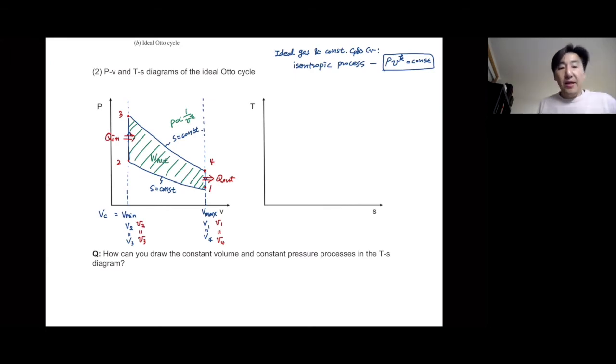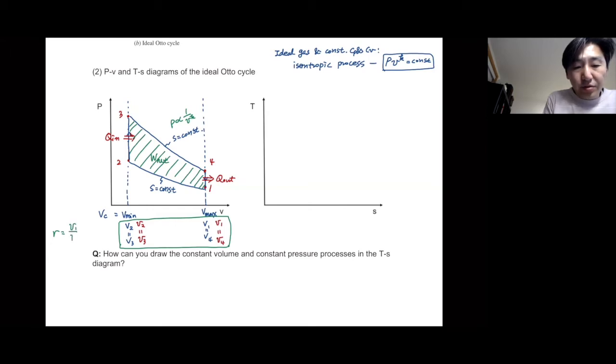Then from that relation, your compression ratio, r, can be written as Vmax over Vmin, or V1 over V2, same as V4 over V3. That is, again, a very important design parameter of the engine.